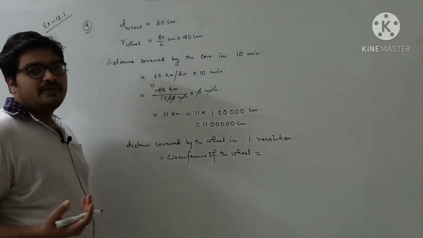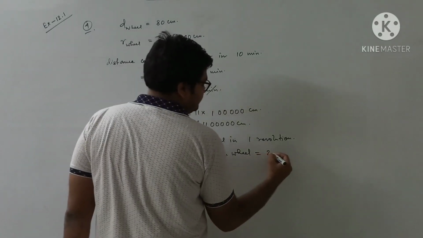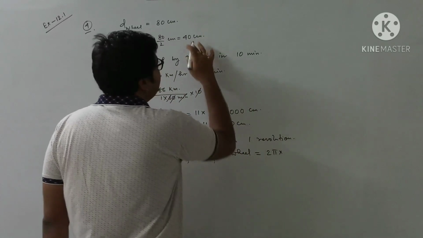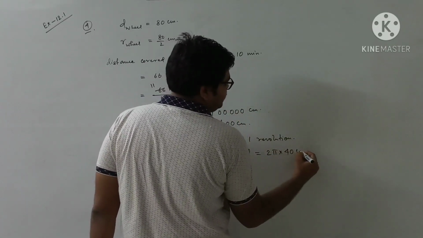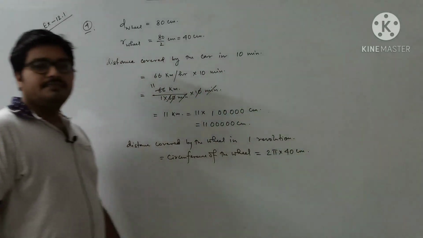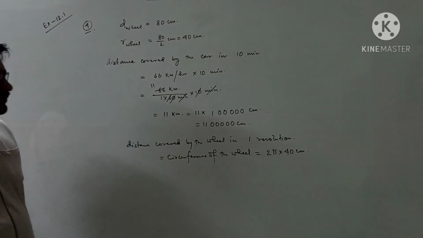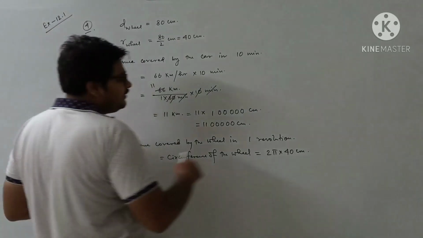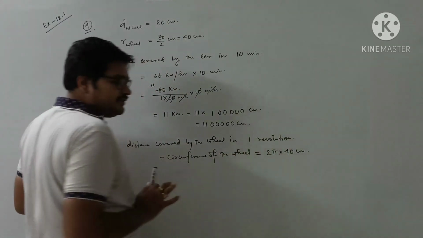And what is the formula for that? 2 pi r. Radius is 40. So that is the distance covered by the wheel in one revolution.